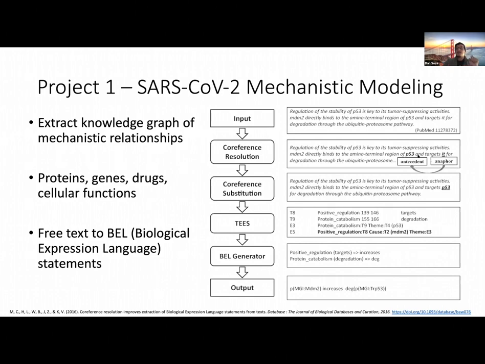Then you identify the key entities. You can identify the trigger terms, the certain specific kinds of relationships. So specifically, PIV3 is being targeted, and then there is degradation here. Those are the key relationships that are being picked up on.